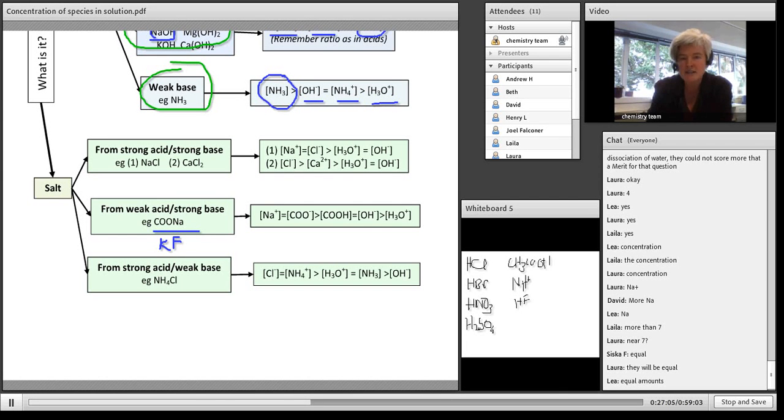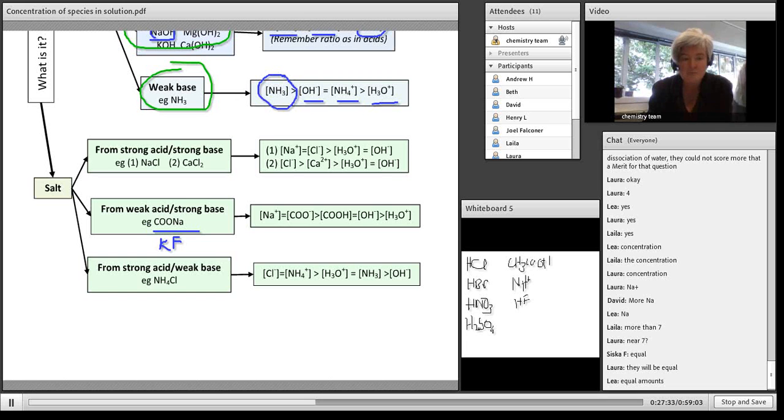If they give you any other one, I have sometimes seen them use weird things, but then they will have to tell you that it is a weak acid. Actually, another one that they use is benzoic acid.